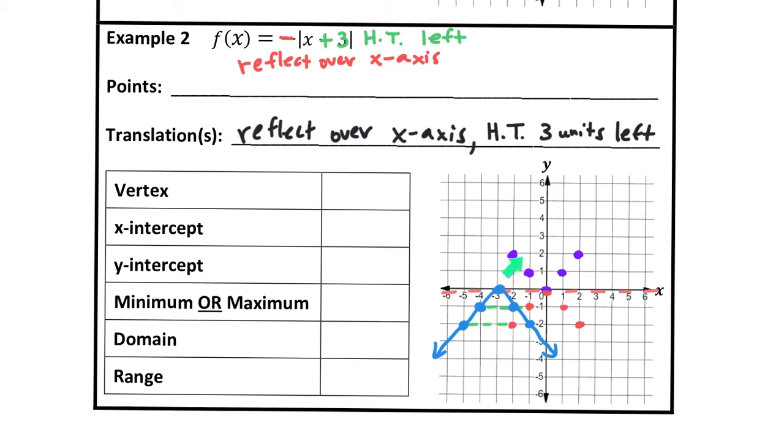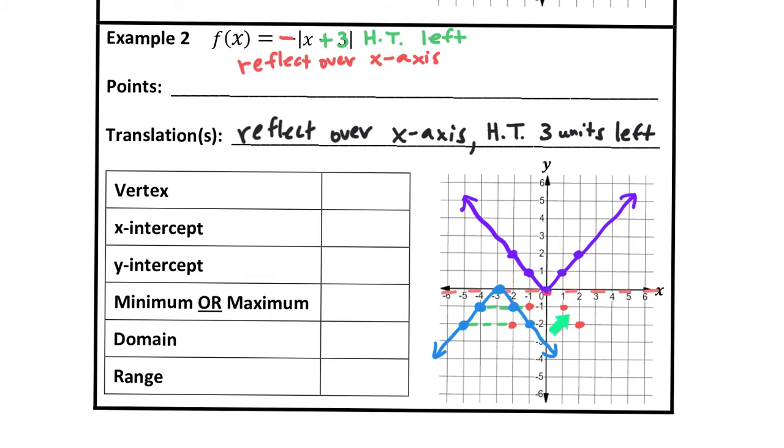Okay, so notice again, the parent function is this purple. This is the original parent function. What's happening to it? It's being flipped. Instead of opening upwards, it's opening downwards because the negative, there's a reflection.